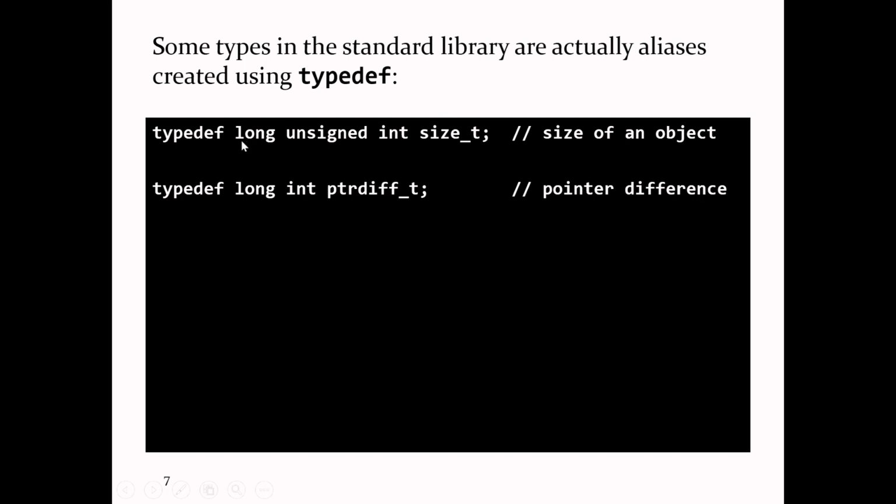It's just the short form for long unsigned int. ptrdiff_t is not a new type. It's just short form for long int. It's a little easier to write, and when you're reading your code, it's a little easier to understand what the variable is being used for.